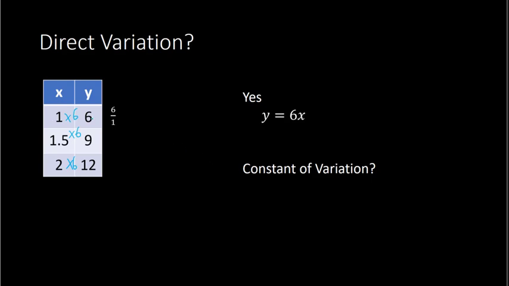So for example, 6 divided by 1 would give me 6. I take the 9, divide by 1.5, that would also give me 6. And then 12 divided by 2 would give me 6 as well. Alright, so if you did not see that the pattern was multiplying by 6, I can go through that pattern by dividing y by x. And this number 6 would be your constant of variation.